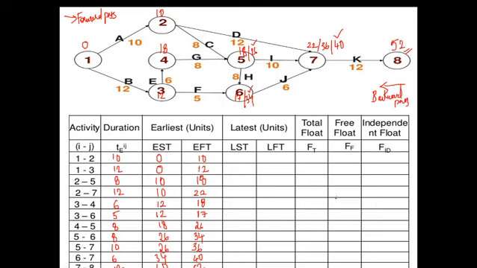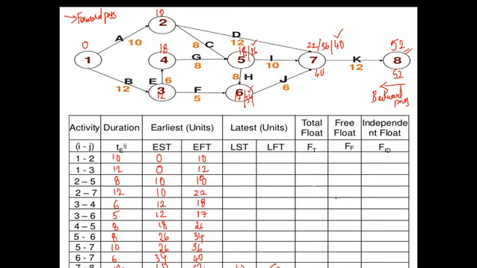So the latest finish time of the last activity is how much? 52. Now 52 minus 12, how much is it? 40. So we need to write this 40 here. Okay, now the next activity is 6 to 7.